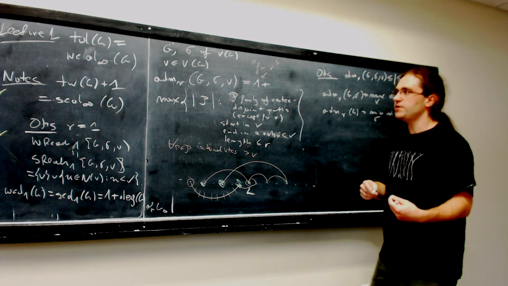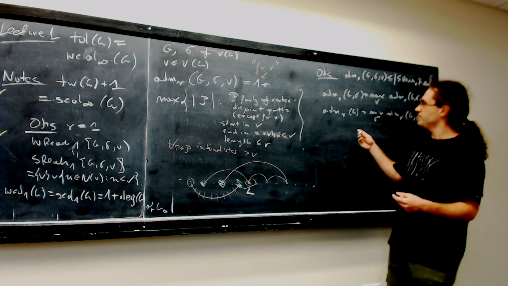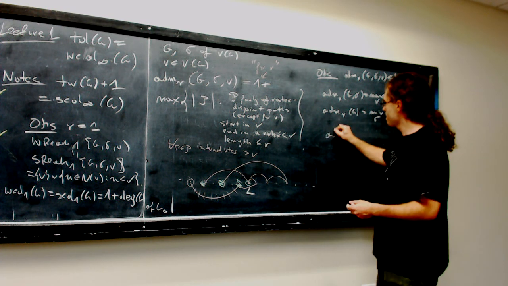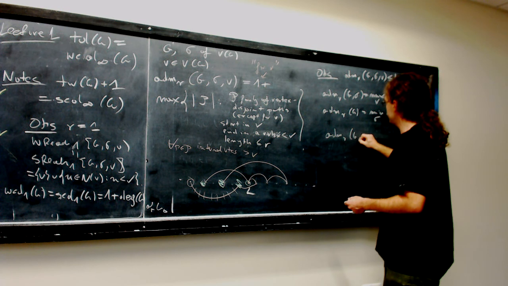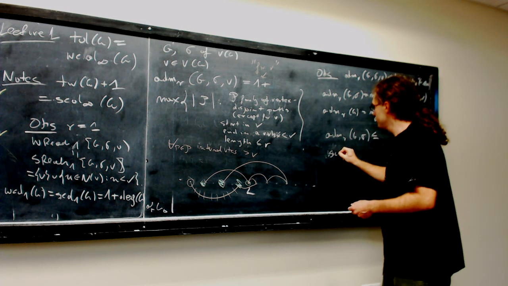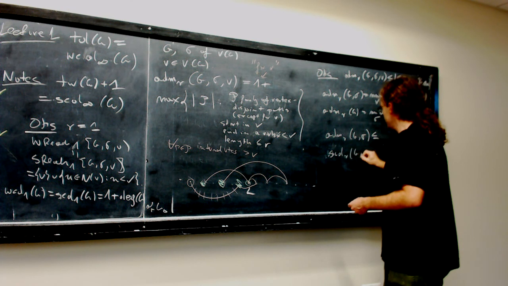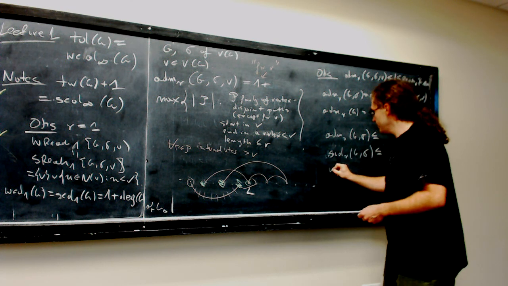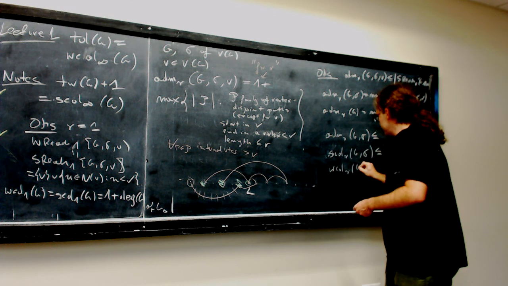So we have, of course, the admissibility r of G sigma is smaller than the strong coloring number r of G sigma, which is smaller than the weak coloring number of G sigma.